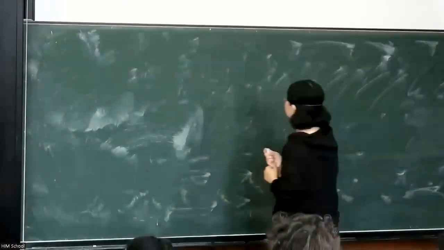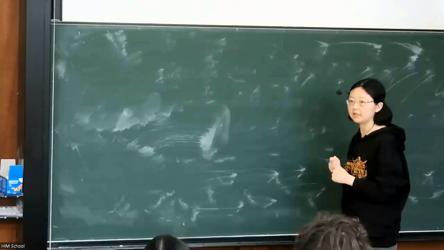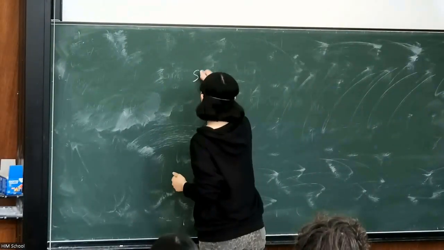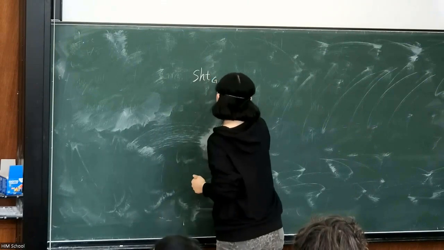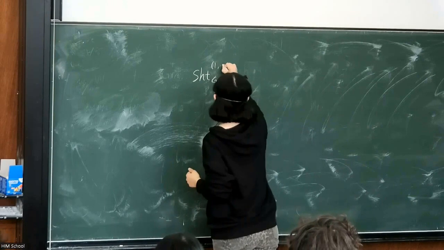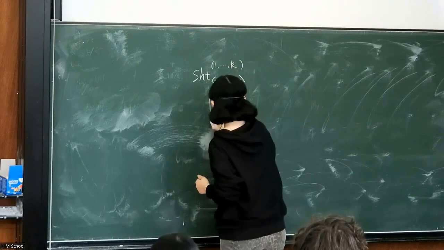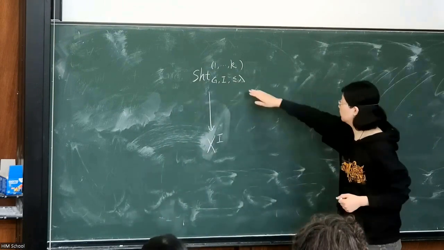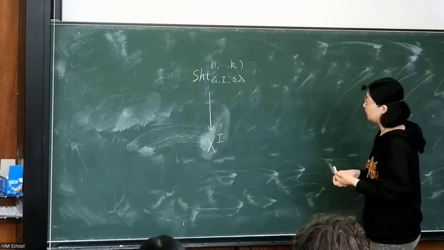So I just use the last time to explain why we are interested in this stack of Shtukas. So why we invented this strange form of things. Take this one. Now it is a finite dimensional scheme over a copy of the curve.